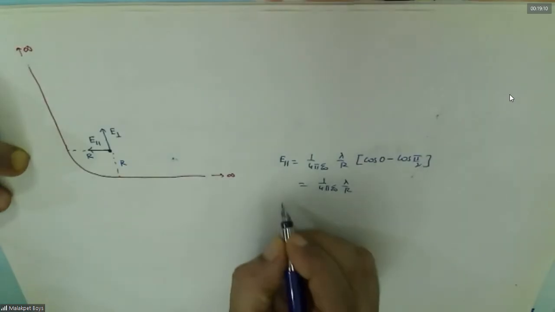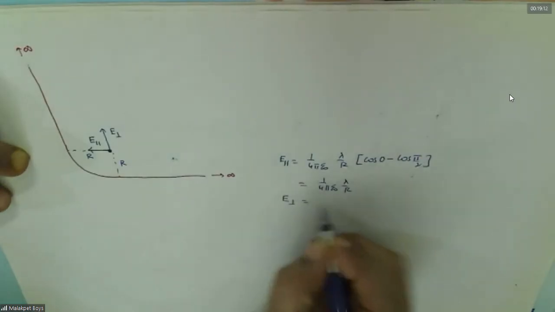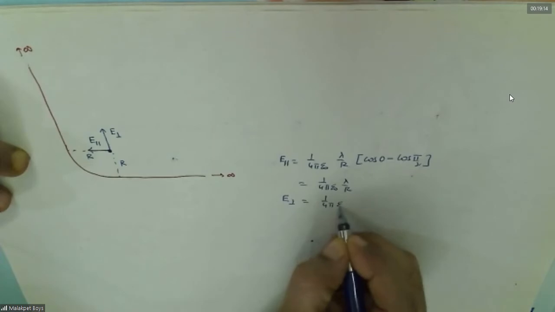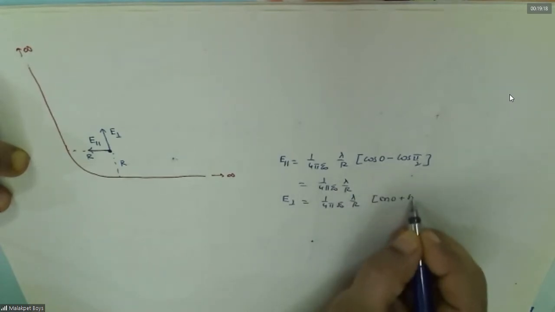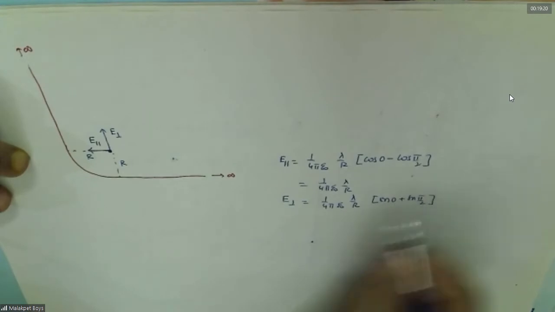And what is E perpendicular? Sine theta, 0 plus pi by 2.